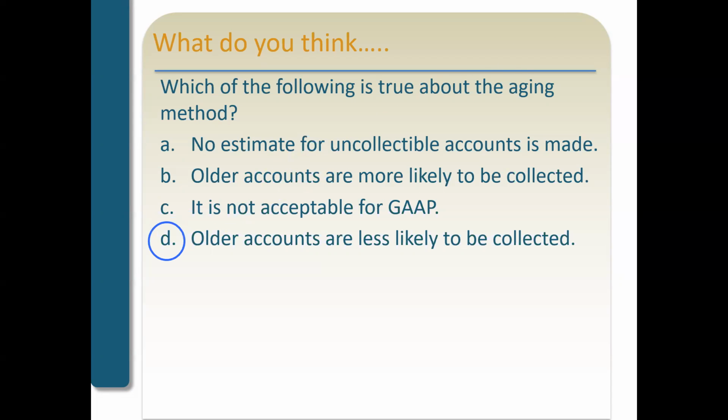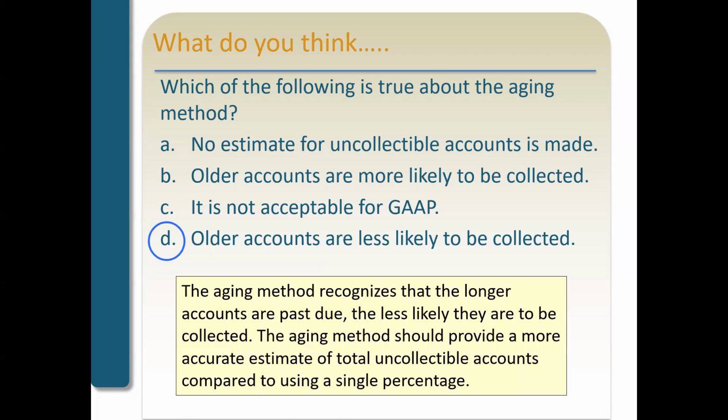I hope y'all think it's D. The aging method recognizes that the longer accounts are past due, the less likely they're going to be collected. The aging method should provide a more accurate estimate of total uncollectible accounts. Okay? That makes sense.